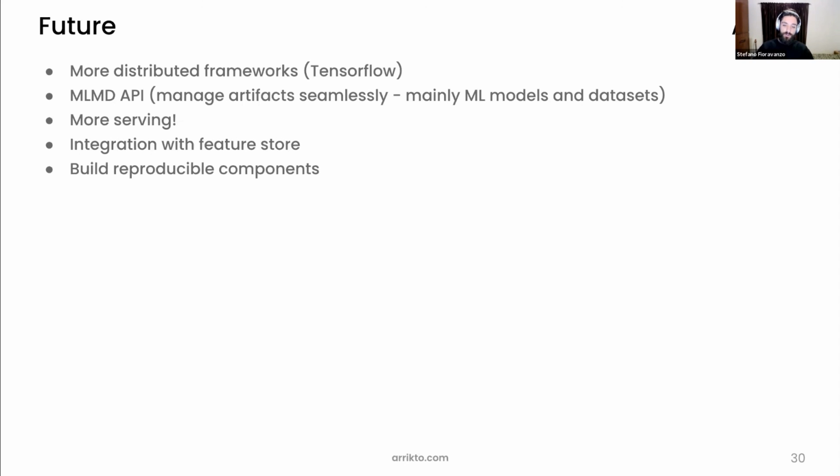existing APIs, support more distributed frameworks like TensorFlow, have a tighter integration with MLMD so that you're able to submit arbitrary artifacts, serve any kind of model from any model artifact submitted to MLMD, tighter integration with serving, so supporting more frameworks and more ways to serve models from the notebook, from pipeline steps, and integrating with feature stores, because we know that being able to handle features with components like Feast is a very important feature for data scientists.